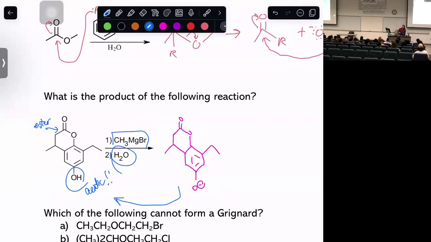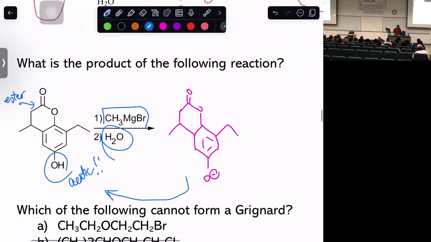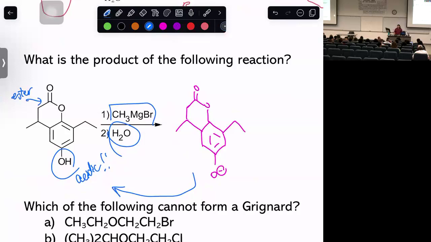If we weren't given water, then it's going to stay as an O minus. But in this case, it's going to go back to the same exact molecule. It gains the hydrogen back and we get the same exact molecule. It's not a racemic mixture in this case.